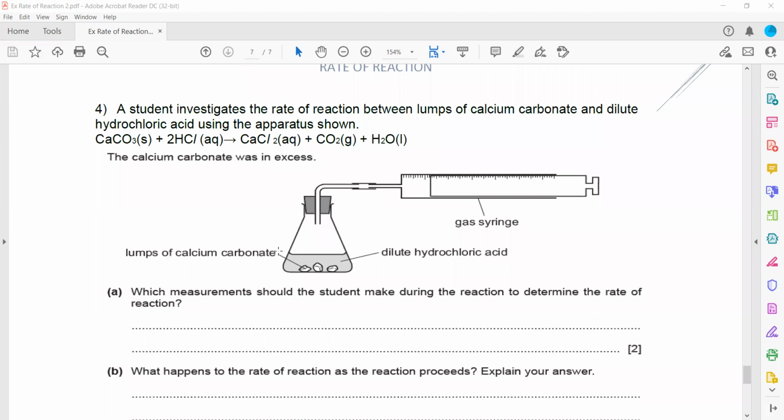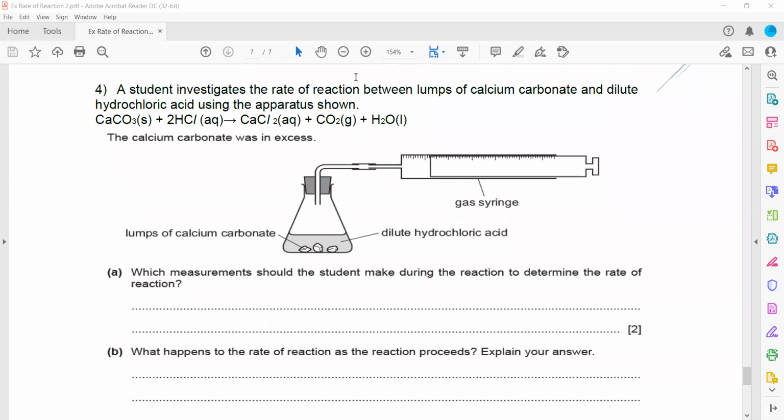Another question: a student investigates the rate of a reaction between lumps of calcium carbonate and hydrochloric acid. The calcium carbonate was in excess, like more than enough. Which measurement should the student make during this reaction to determine the rate? If the student wants to measure the rate, he can measure the change in mass of the reactant, or he can measure the amount of product formed.